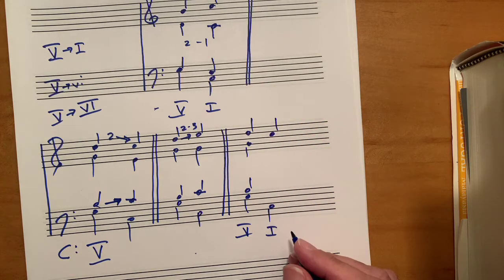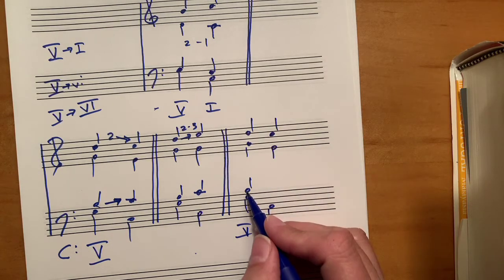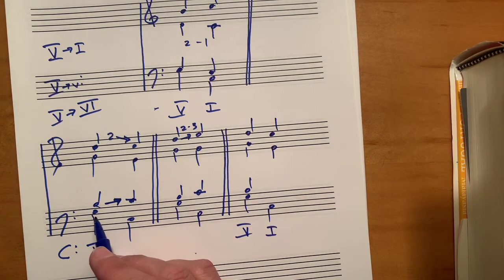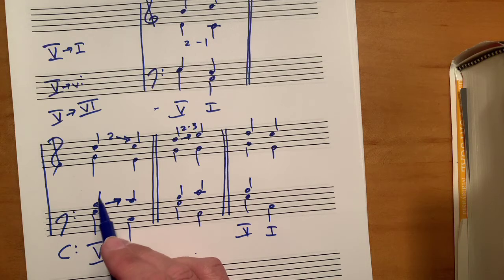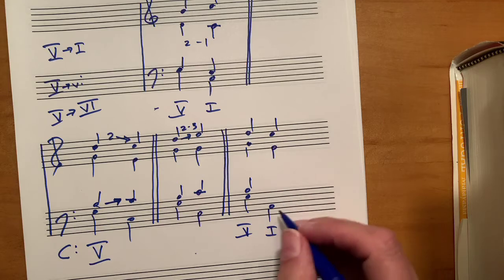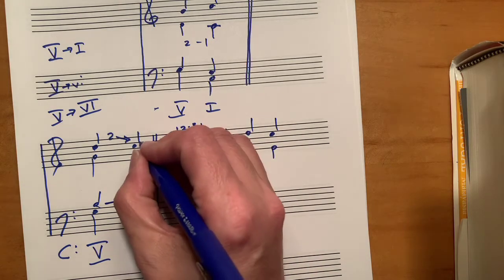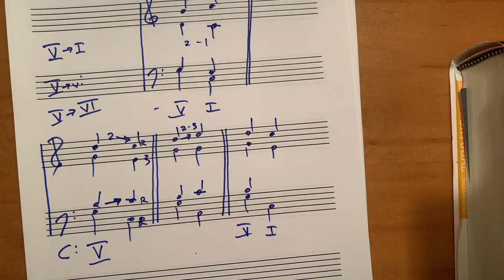Take this here and this here. This is like this one so far. See how the B will want to resolve up to C, and it will give us 3 roots and a third. There's a root, root, root, and a third.